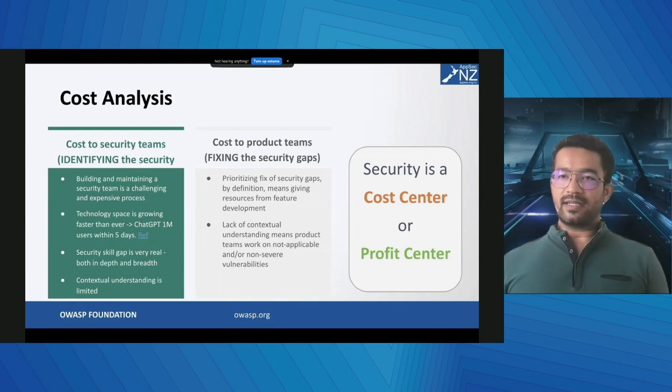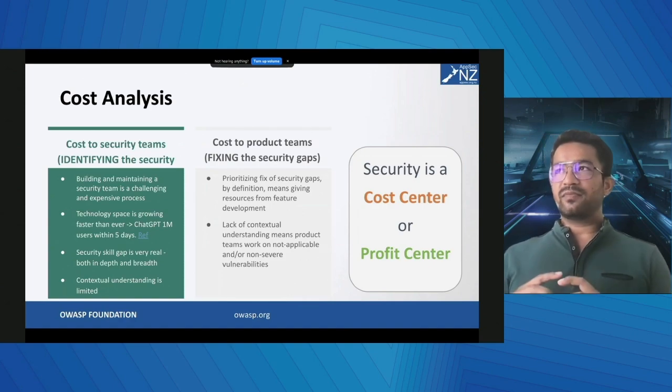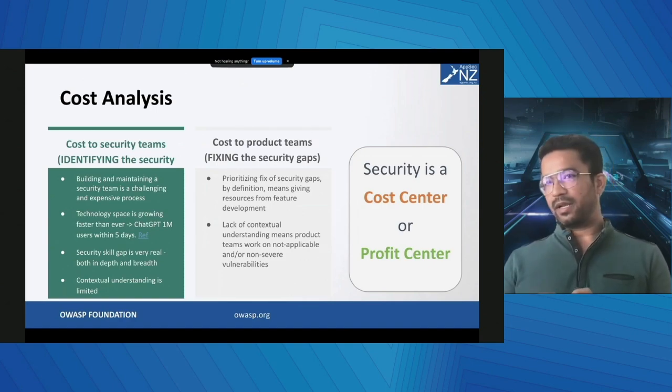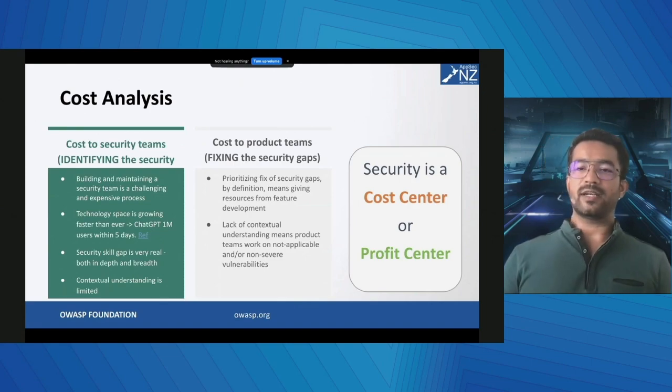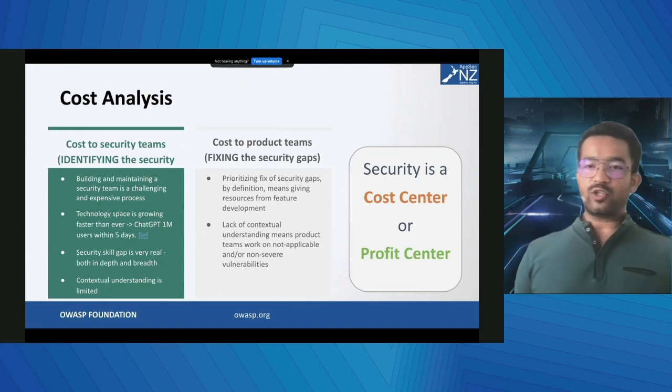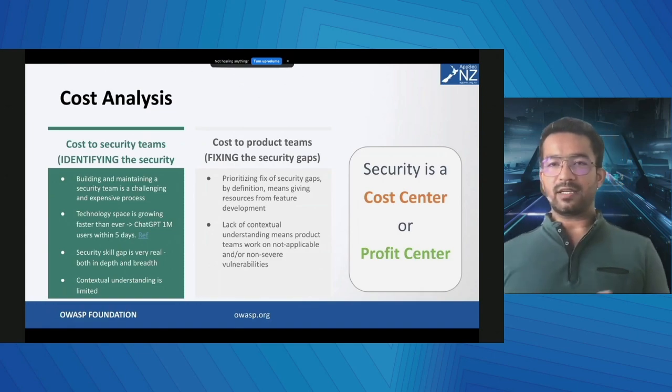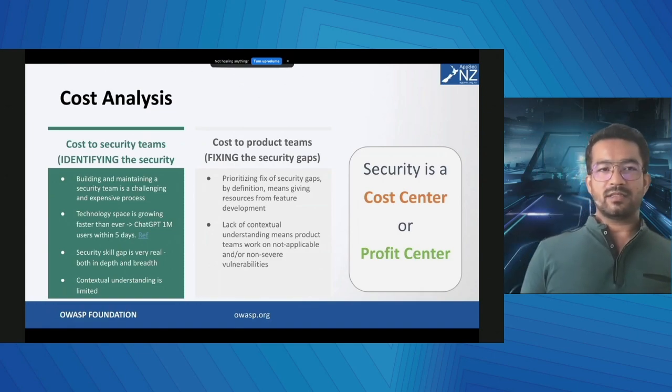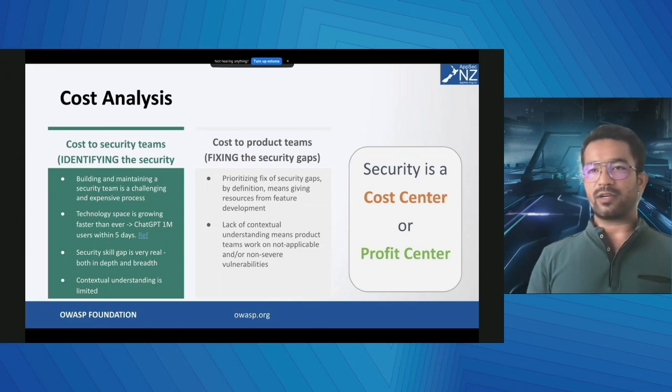The only challenge, and it's a big challenge, is that it's very difficult to define profit in the case of a security team. So overall, this question, security being a cost center or profit center, is what dictates how the budgeting is going to be allocated to the security team.